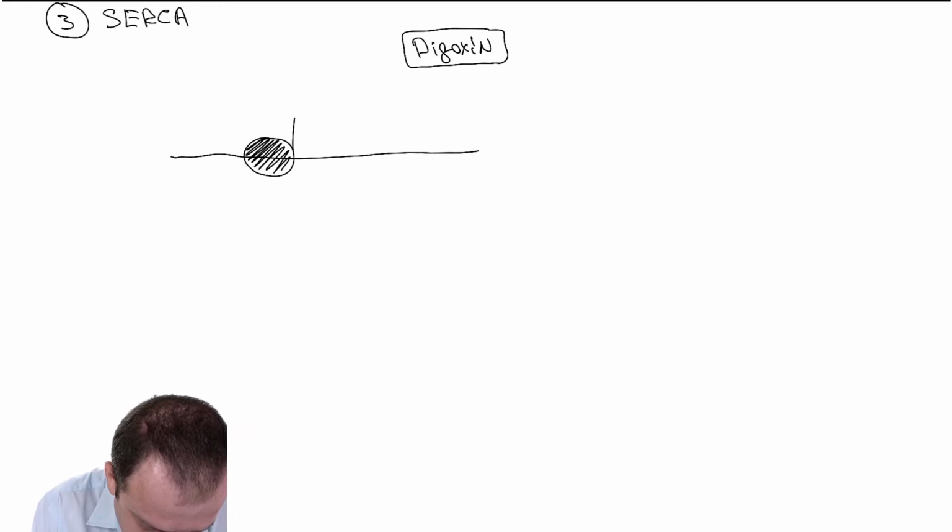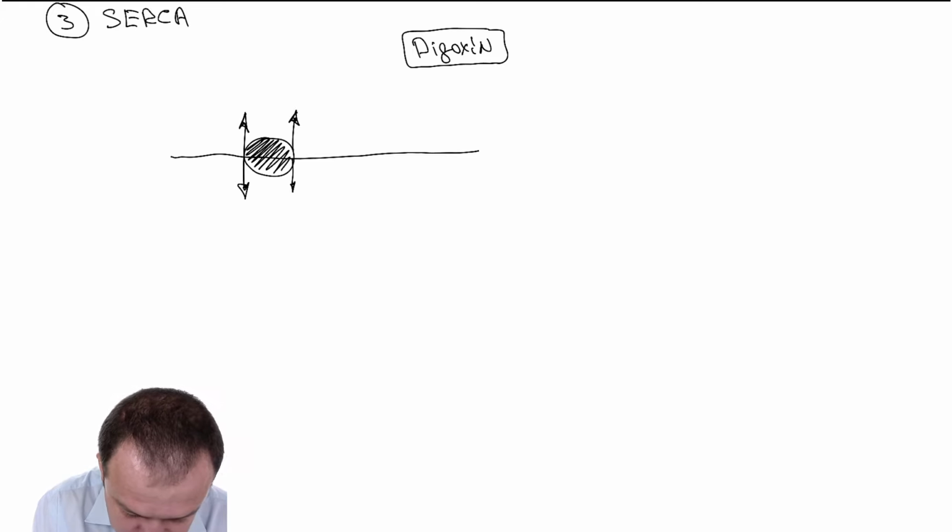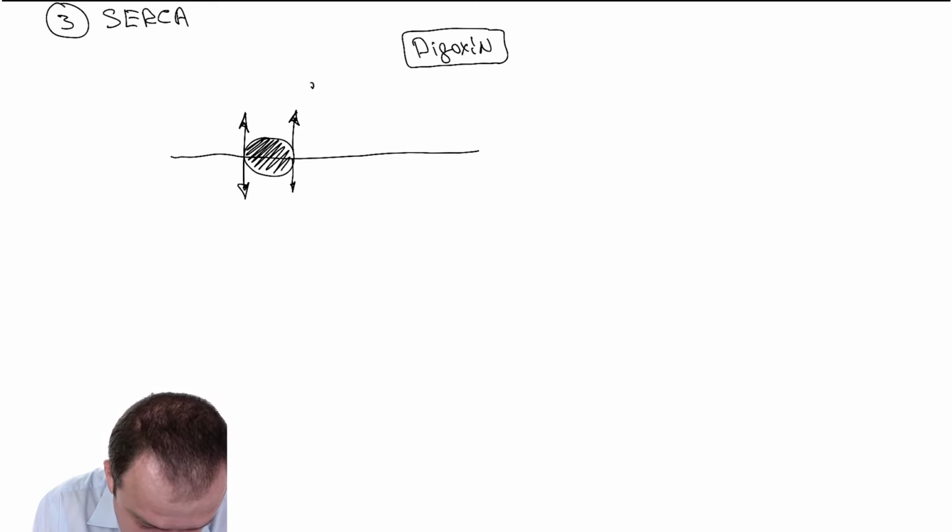It is a sodium calcium exchanger. Sodium calcium exchanger. So what does this sodium calcium exchanger make in cardiomyocytes? It pumps calcium outside instead of sodium, pumping sodium inside.